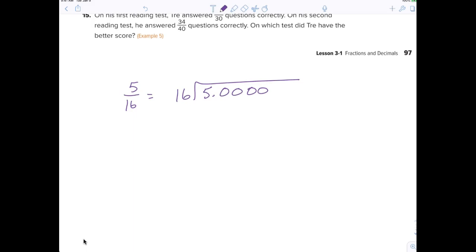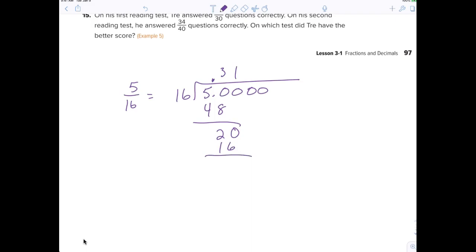Okay, so now you guys are pretty good. Decimal, 16 goes into 50 how many times? Say, 3 times, right? Because 16 times 3 is 48. Then we subtract and get what? 2. Bring down a 0. 16 goes into 20 once.